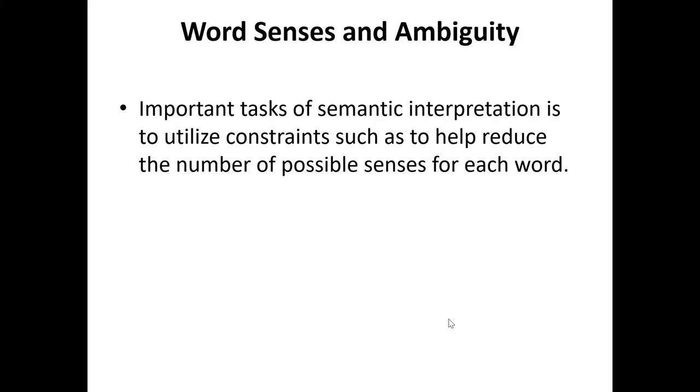So here our important task in semantic interpretation is to utilize constraints to help reduce the number of possible senses for each word. So we should be able to interpret a particular sentence or group of words or phrases in such a way that it reduces the possible senses used for each word.